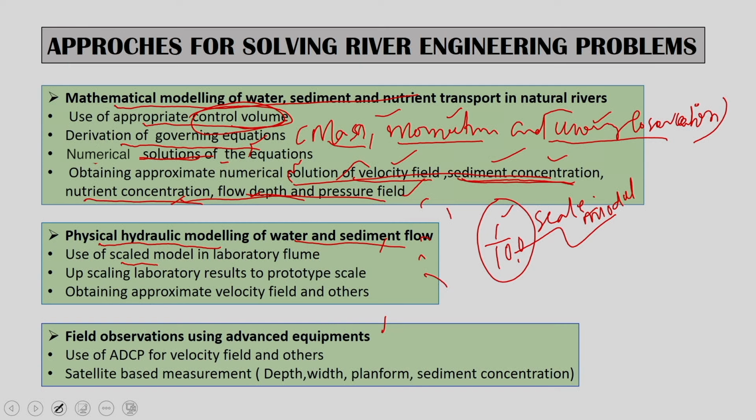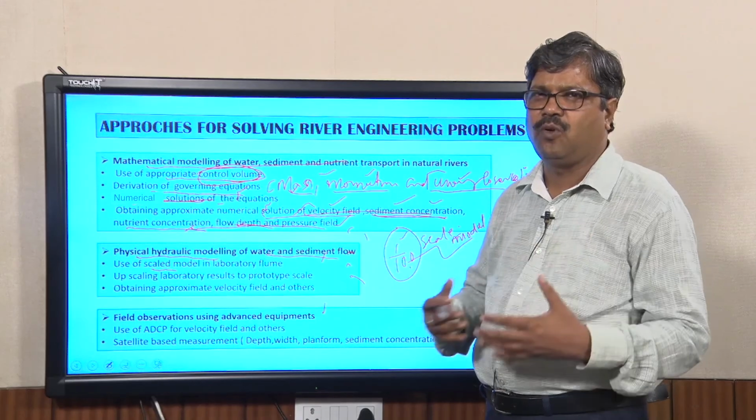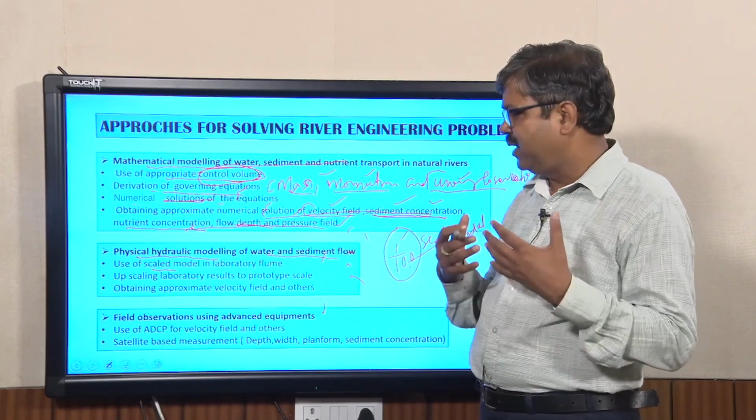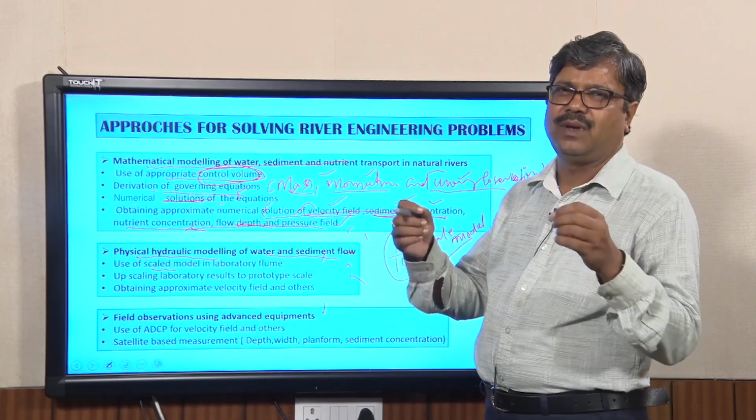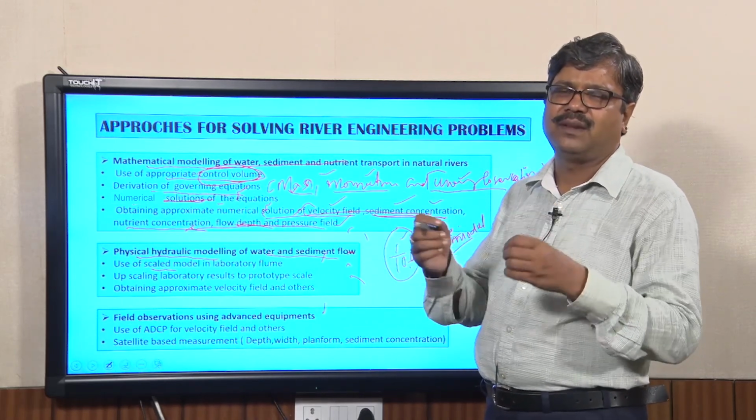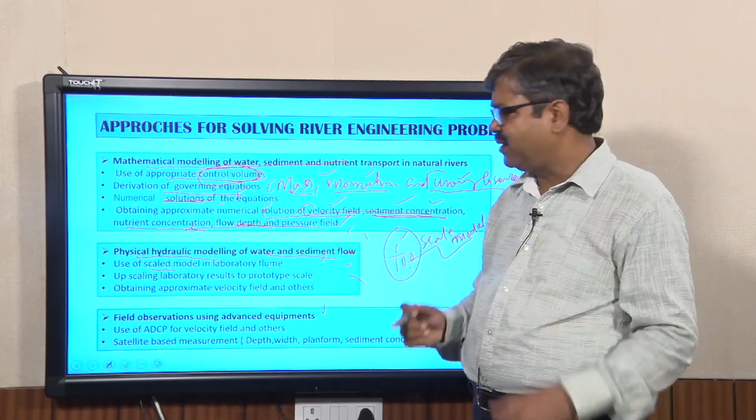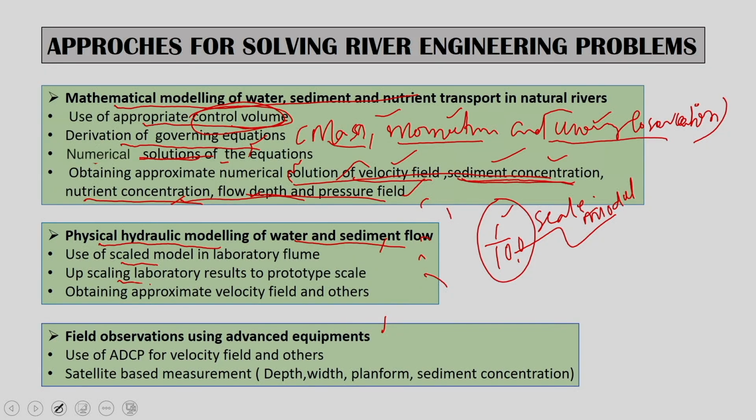You conduct the sediment transport and water flow, then you measure the velocities, water depth, and sediment transport. Once you measure that, you can upscale from your scale model to the prototype scale at the river scale. You can use similarity non-dimensional numbers to upscale the data you measure in these flumes or small channels to the prototype scale.